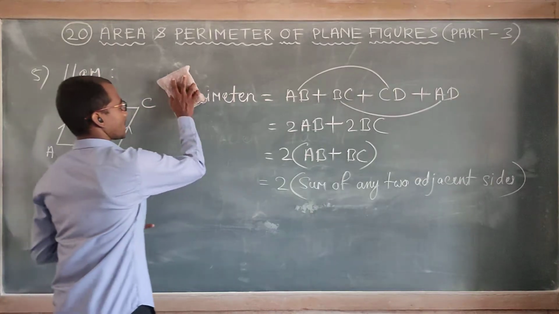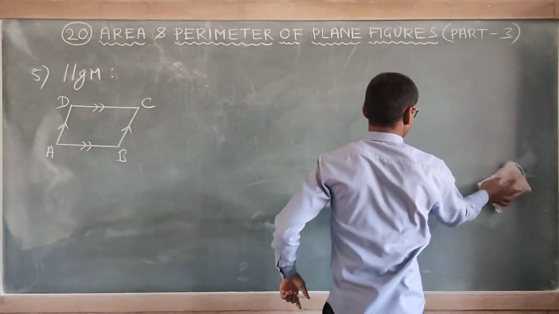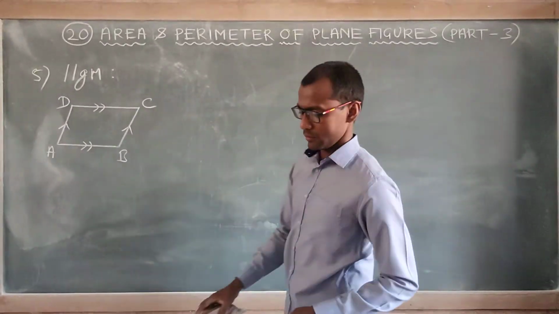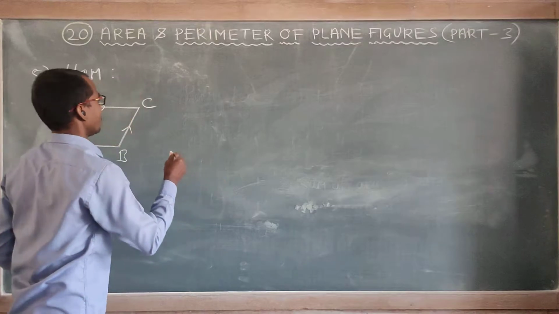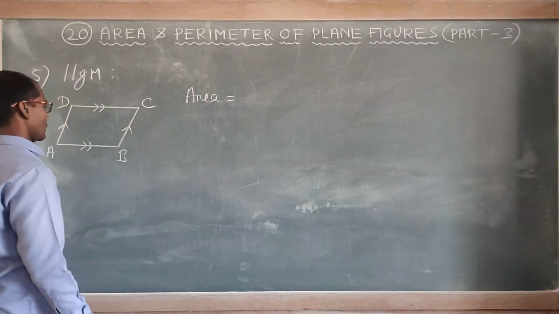This is for perimeter. Now let us go for area.